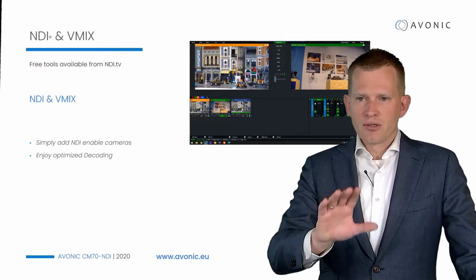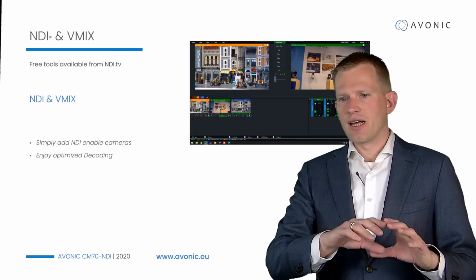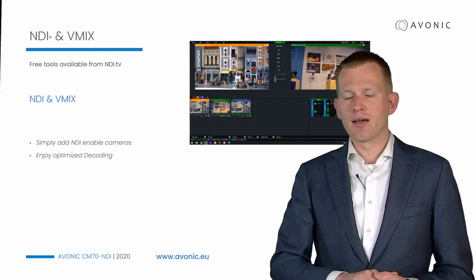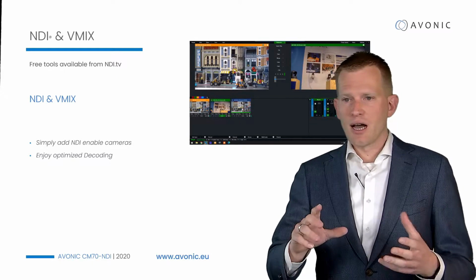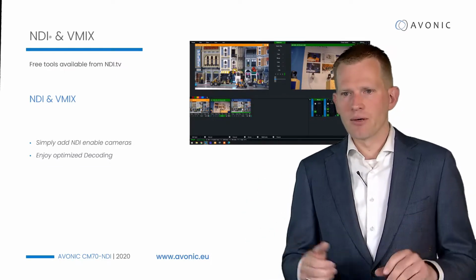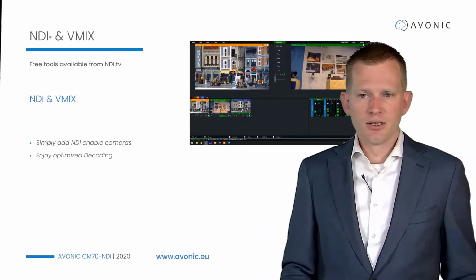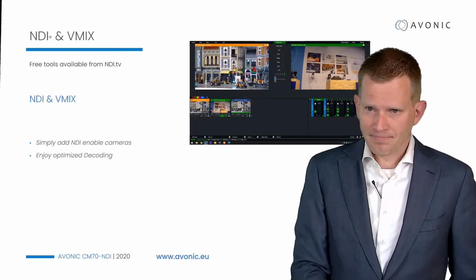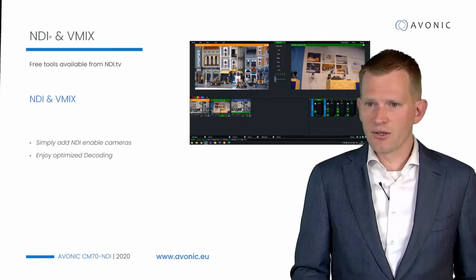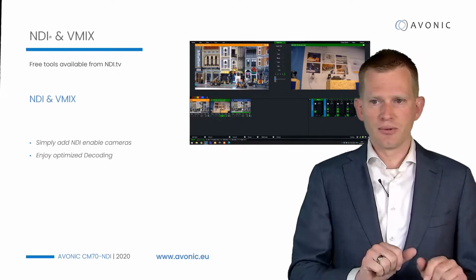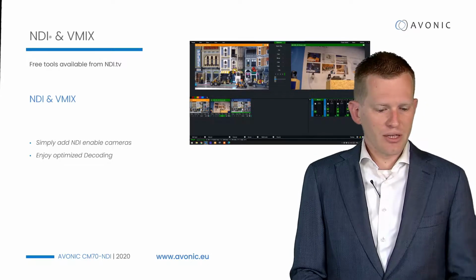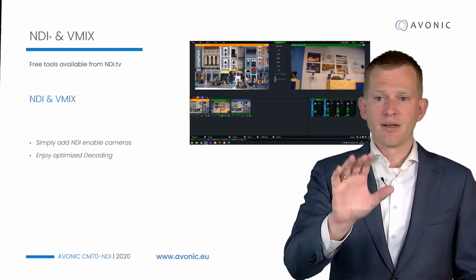But I'll go through the process of how it looks when you have an NDI camera on the network, and how to add that into vMix and how that process works, just to show you how simple it is. So I've got my laptop down here. I've only hooked it up to the network. There's no physical connection between my laptop and vMix.